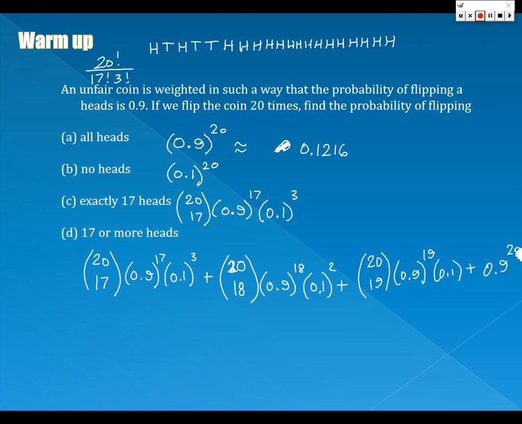Yeah, this feels like the binomial theorem. This feels like binomial expansion, doesn't it? All you have to do is replace 0.9 and 0.1 by x and y or something. And this would be the expansion for x plus y to the 20th, right? Powers that add to 20. Binomial coefficients. It's all there, friends.